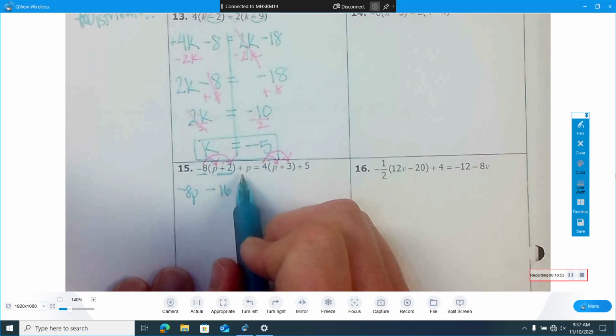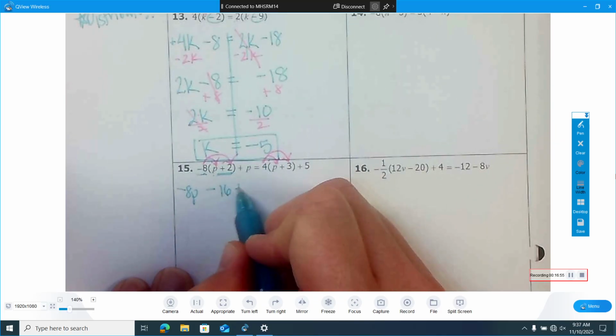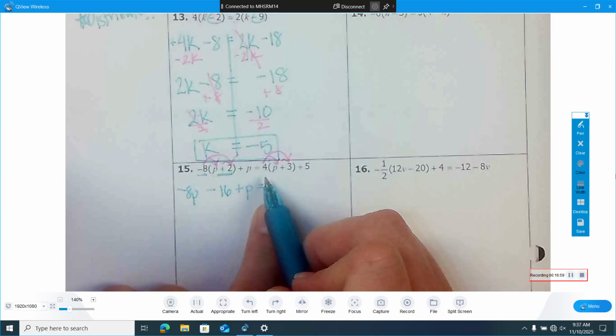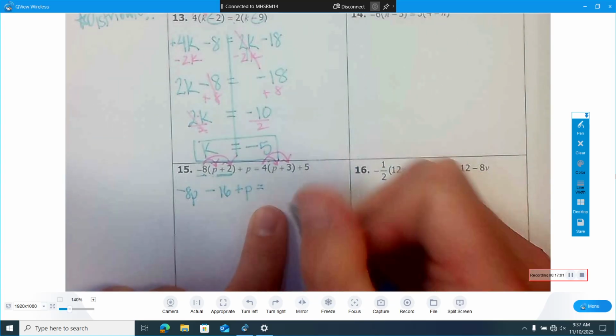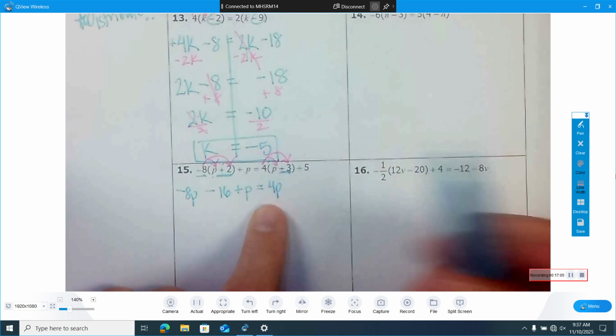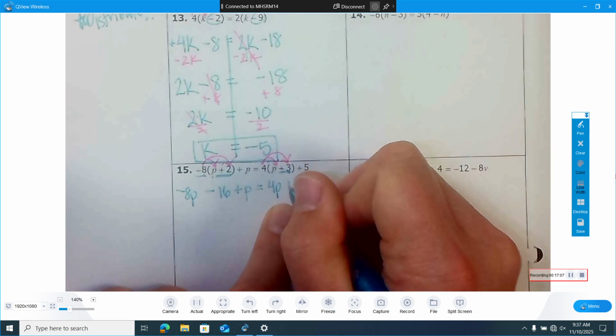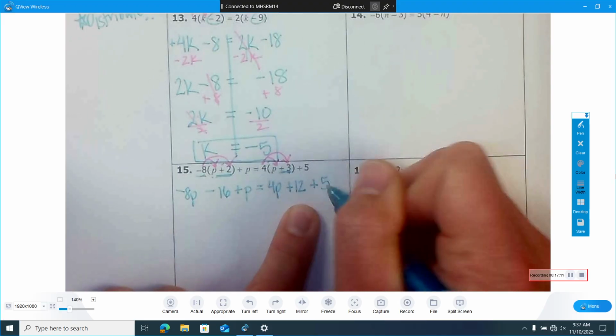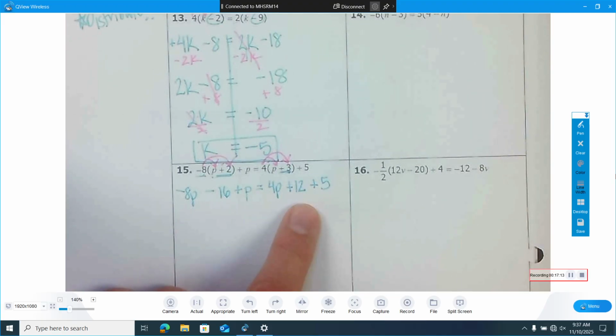Good. Don't leave behind anybody. I'm going to bring down that positive P and my equal sign, and then I have to distribute again. What's 4 times P? 4P. And 4 times positive 3? Positive 12. And again, don't leave anybody behind. We have that plus 5 there as well.